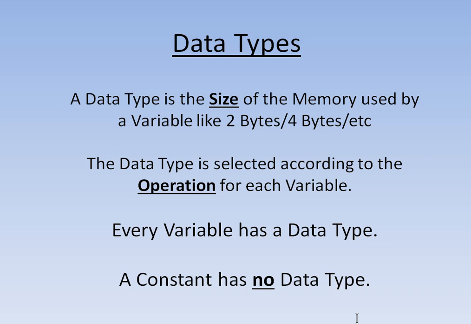Let us take the weight of an object. It has to be a double or a floating value. In this case, there has to be a decimal point, like we say 10.5 kg, something like that. So every variable has a data type. A constant has no data type.